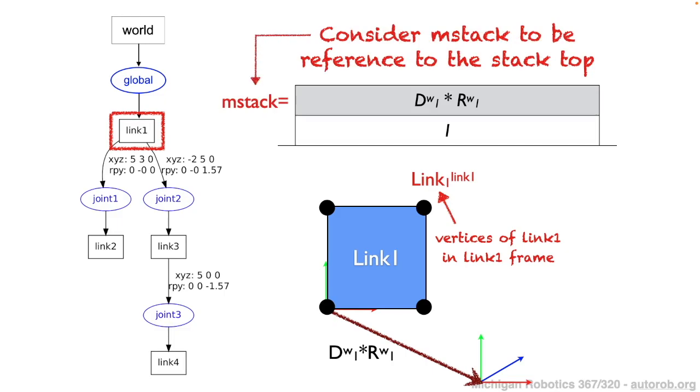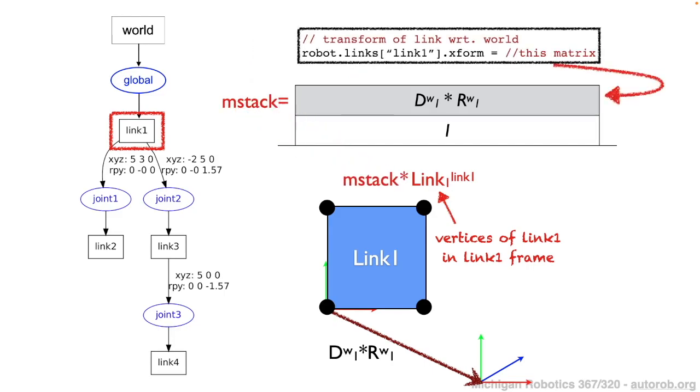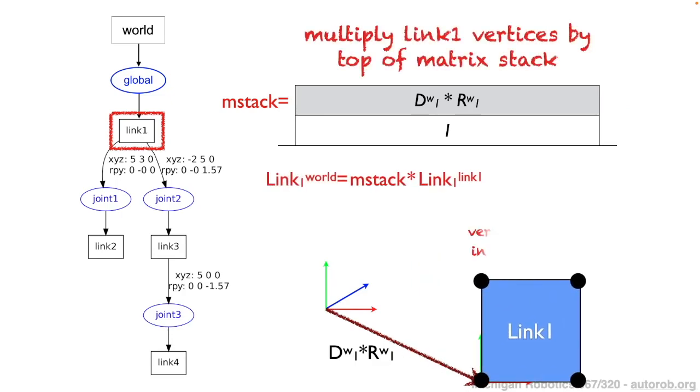To do that, we can use the top of our matrix stack as a sort of reference to build up this transformation. In particular, if we take the top of our matrix stack and transform the vertices of this first link, we'll be positioning that link with respect to the world origin frame as it is intended.